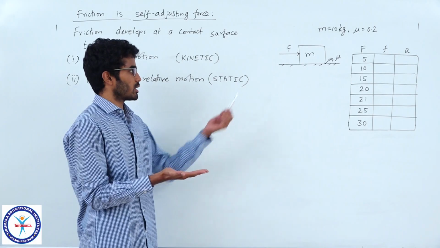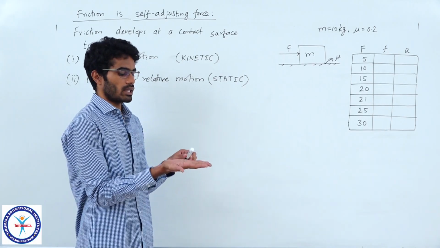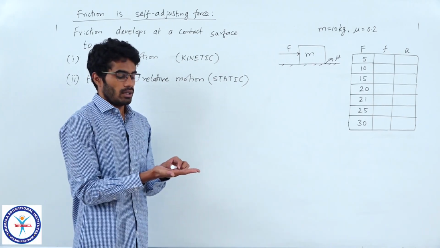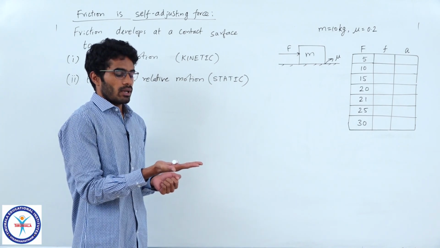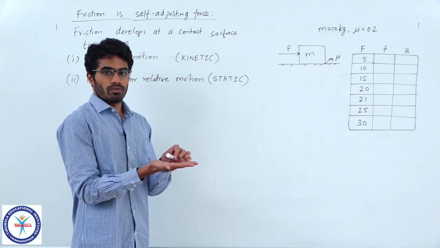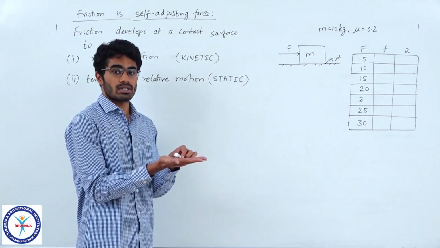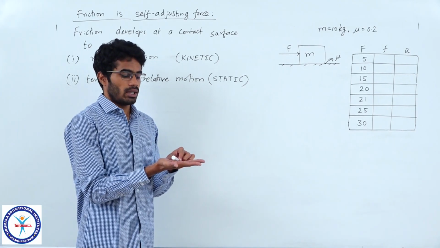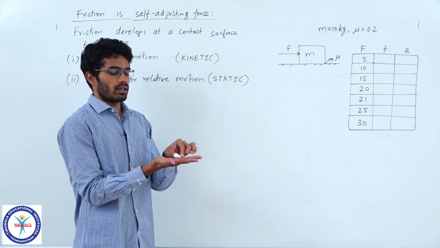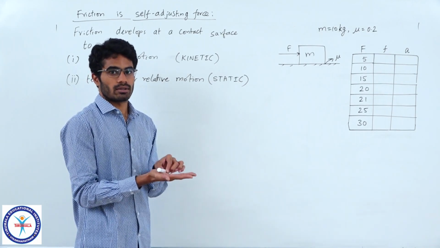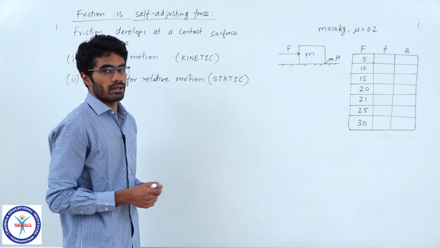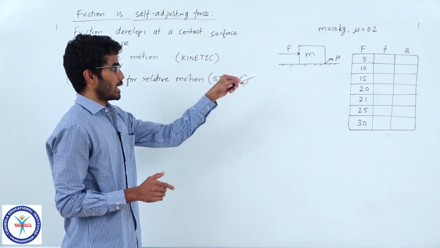Let us say the marker is our block here and the ground is my hand. Now if there is no friction, I mean if the surfaces are smooth, if I try to move the marker, it will just slide on my hand. If a force is applied on the block, it will just slide on the surface.